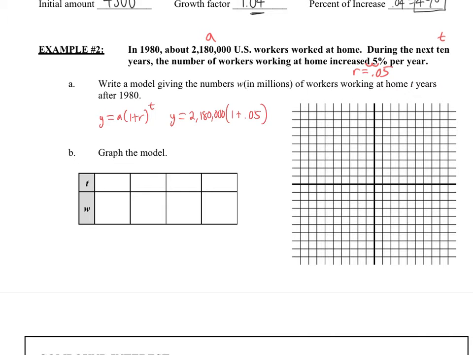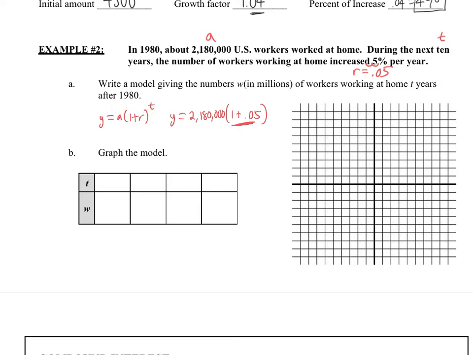So like I said, if you're given the percent, you need to move the decimal 2 to the left. If you're looking for the percent, you need to move the decimal 2 to the right. Okay, so if it's being plugged into here, it's going to be as a decimal. Okay, so we're going to do our time, which is 10 in this case.